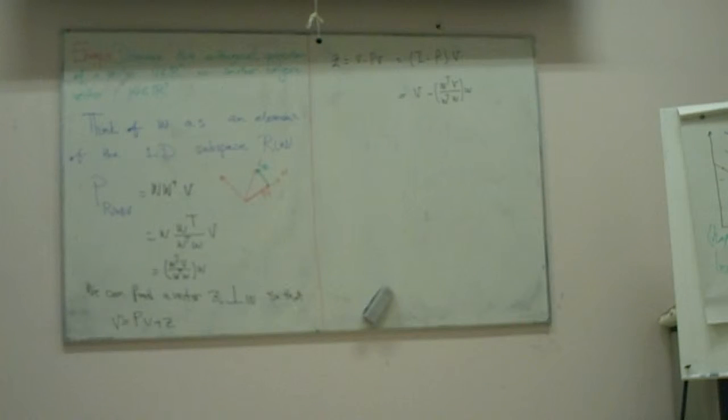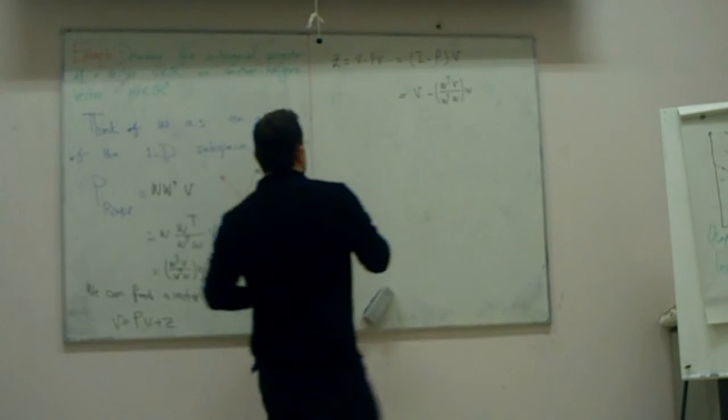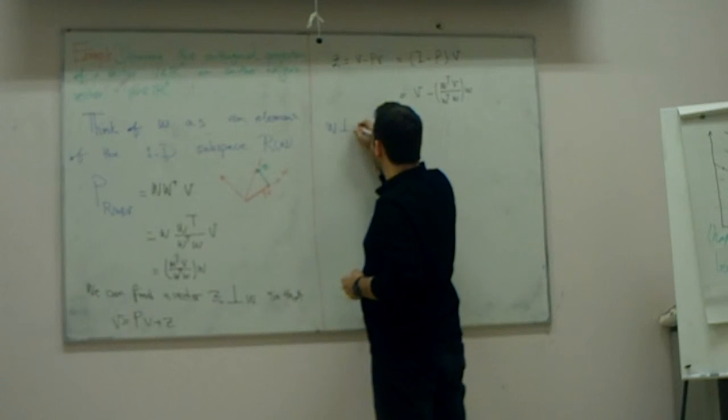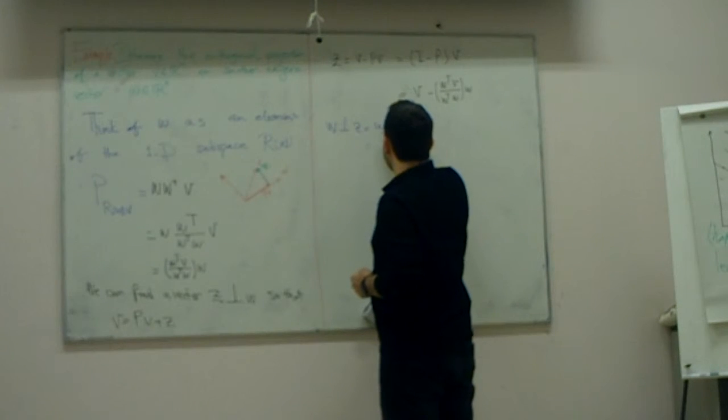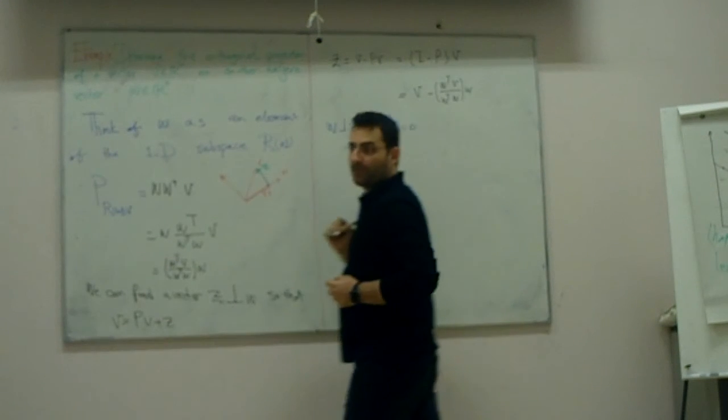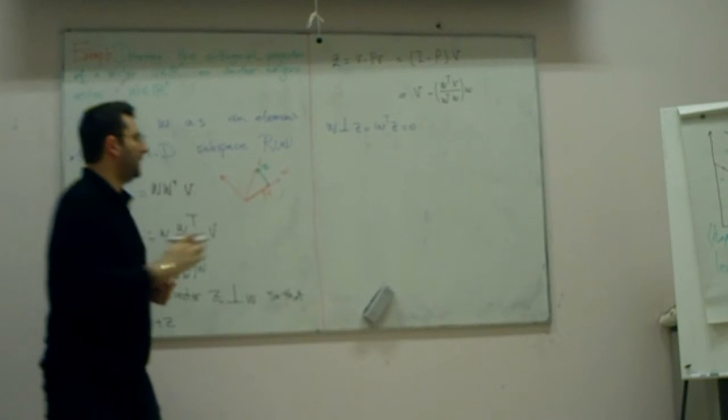How do I know that W and Z are orthogonal? Prove or show that W and Z are orthogonal. What is the meaning of orthogonal? How can I understand two vectors are orthogonal? Right? This is the meaning.